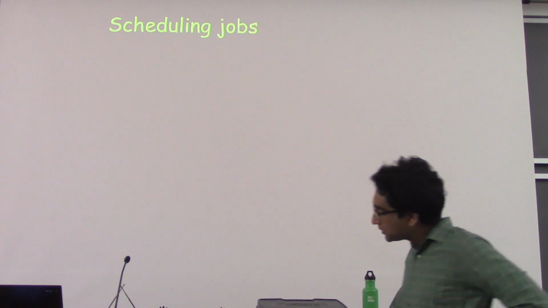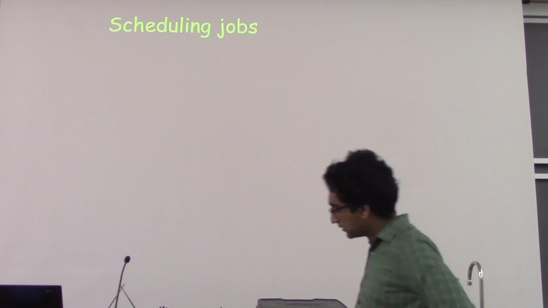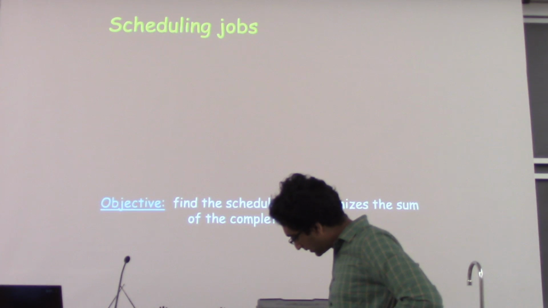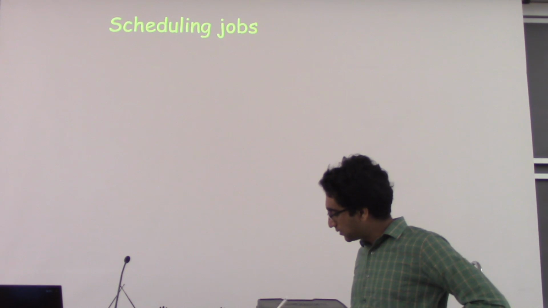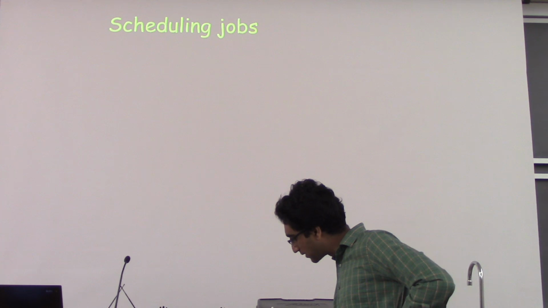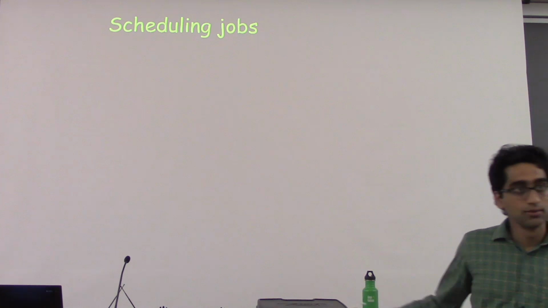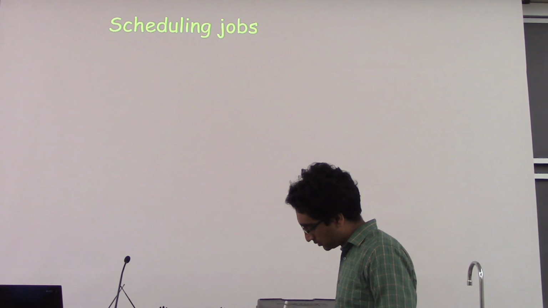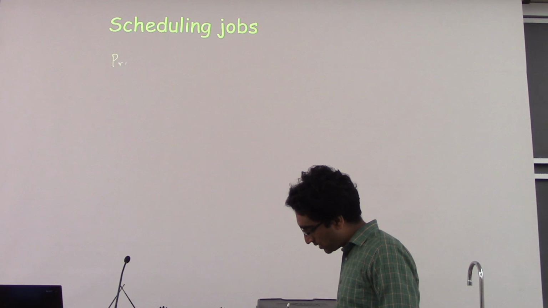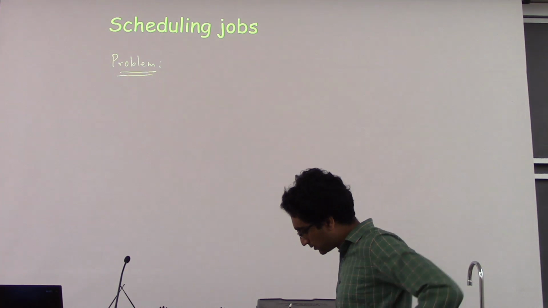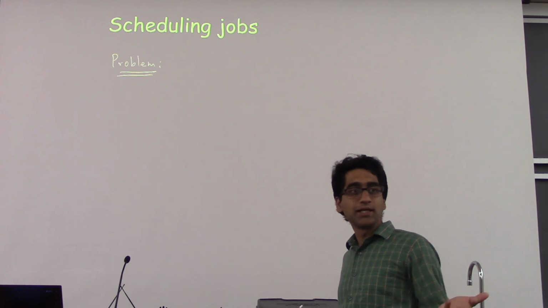The first example that we are going to see today is what I will call scheduling jobs. So what is the problem here? You have a bunch of jobs. Let's think of them as some computing tasks.